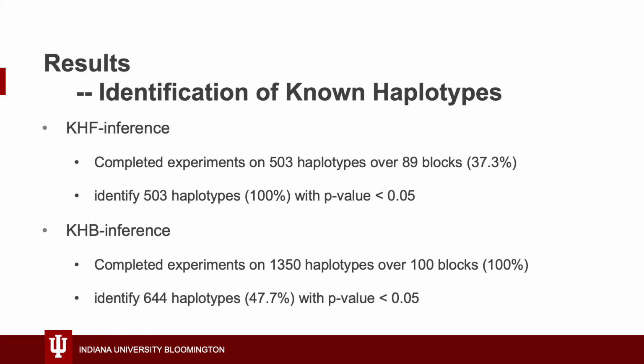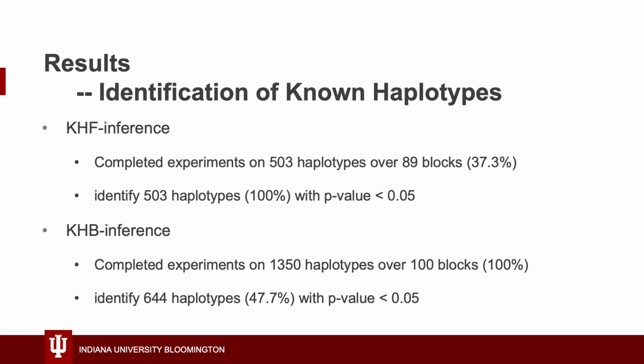Specifically, for KHF inference, we completed experiments on 503 haplotypes over 89 blocks and were able to identify all these haplotypes with p-value smaller than 0.05. And for KHB inference, we completed all the experiment cases and were able to identify 644 haplotypes.